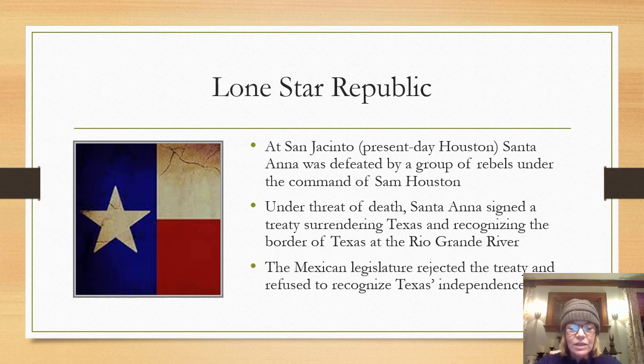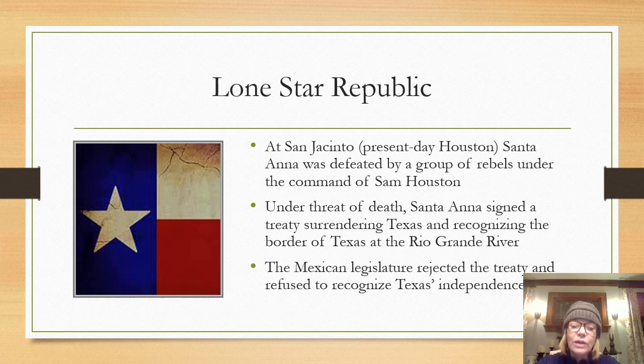All right, so what we have is now the Lone Star Republic that's going to be declared, right? So they have their own flag and everything else. So what happens is the Americans end up winning. They go down and they're able to kind of surround the Mexican army at San Jacinto, which is Houston, Texas now. Santa Anna's defeated and under threat. They say either come to this treaty with us or we're going to kill you. And so he does.